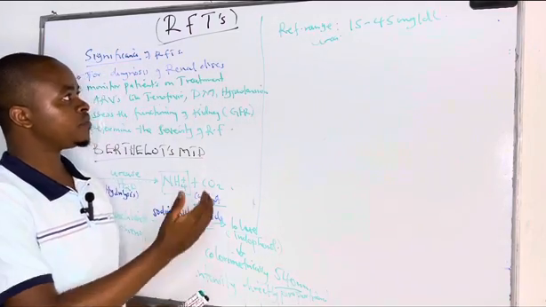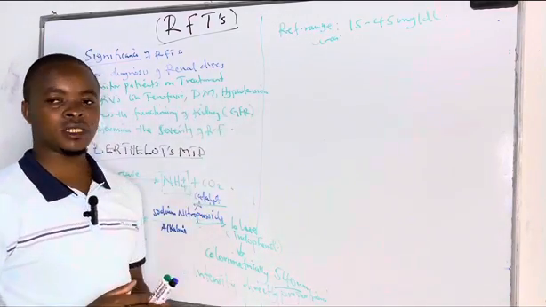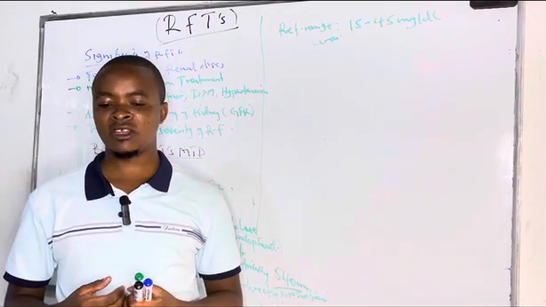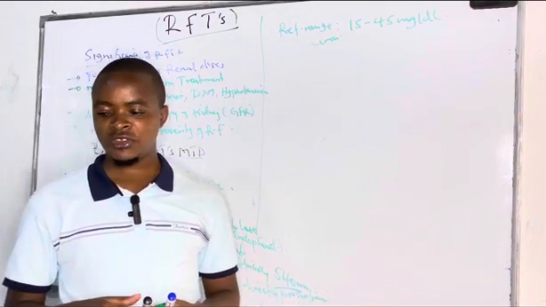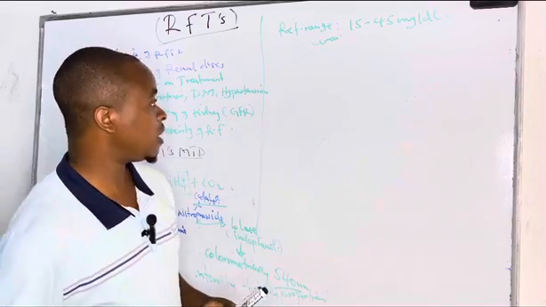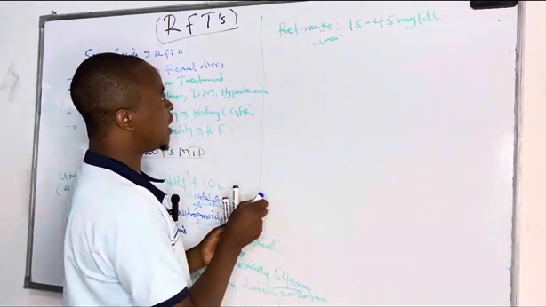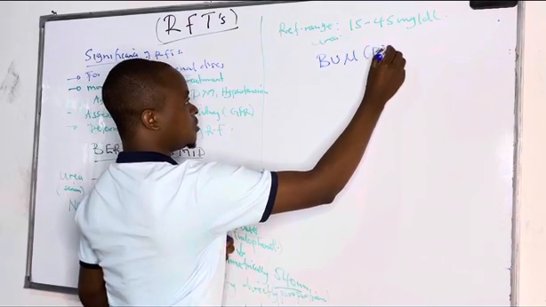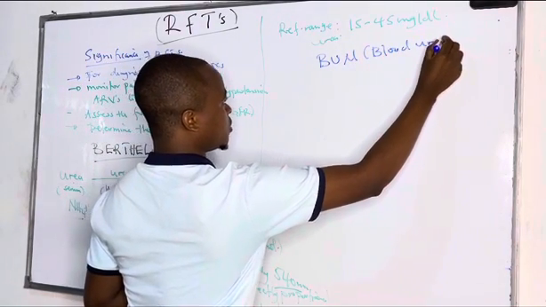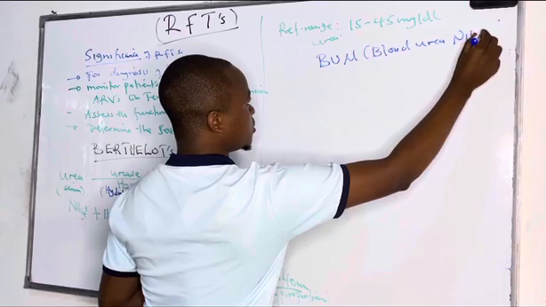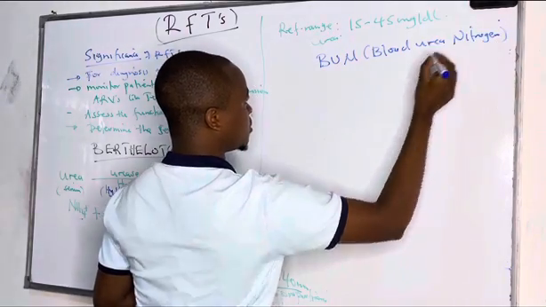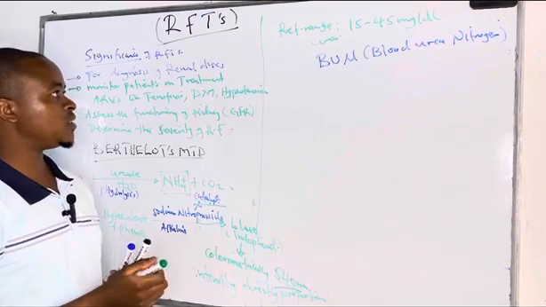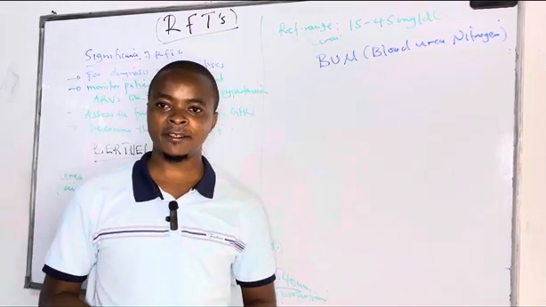And whenever I do this, some doctors can also request what we call blood urea nitrogen, known as BUN. For blood urea nitrogen, you don't need to buy a reagent.